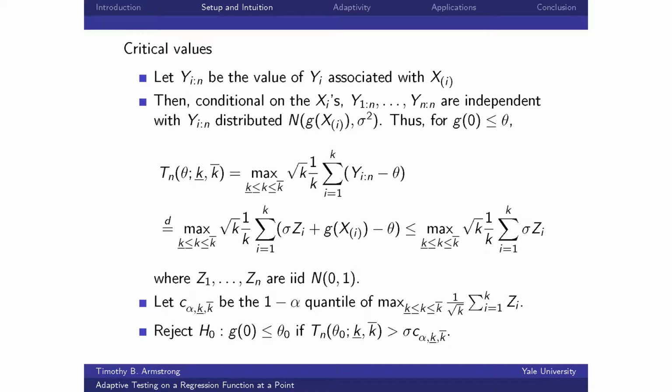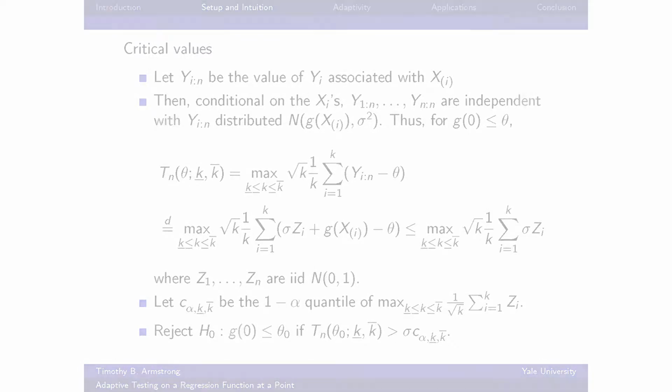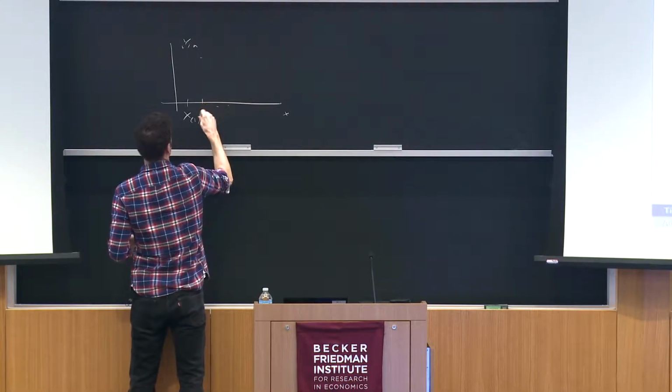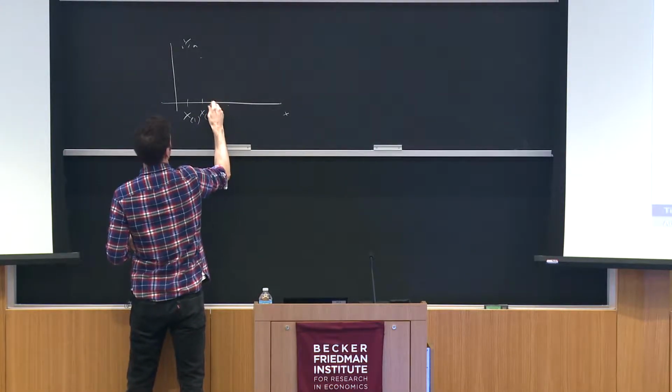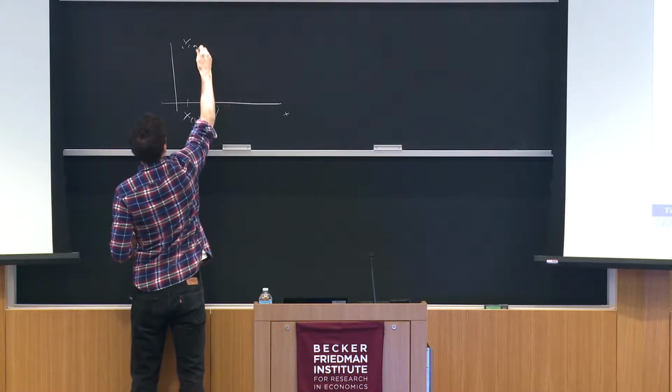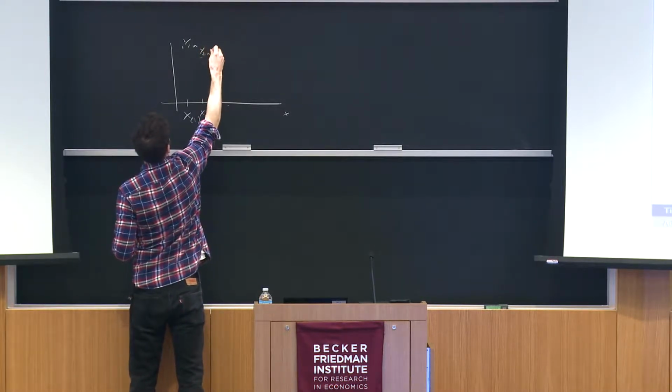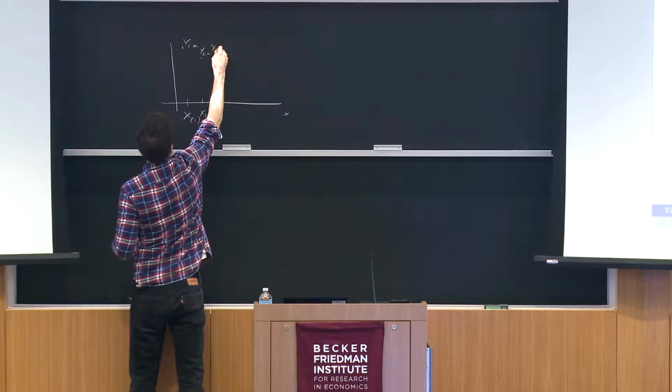Just to be clear, these aren't order statistics of the y. They're just the y's ordered by the x. So we have our y1 out of n, we have our x2, maybe an x3 is a little bit closer here, y2 out of n, y3 out of n.